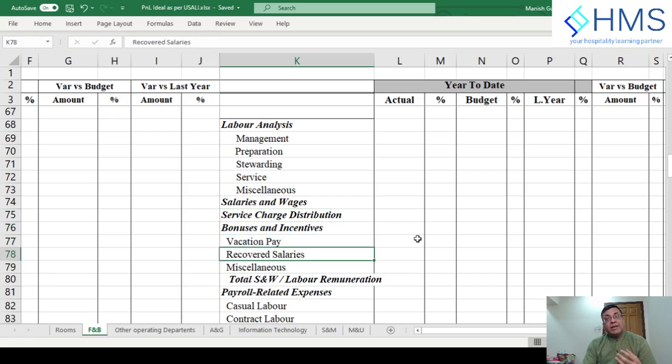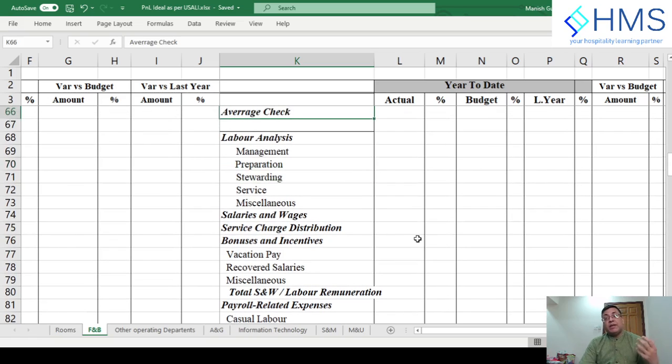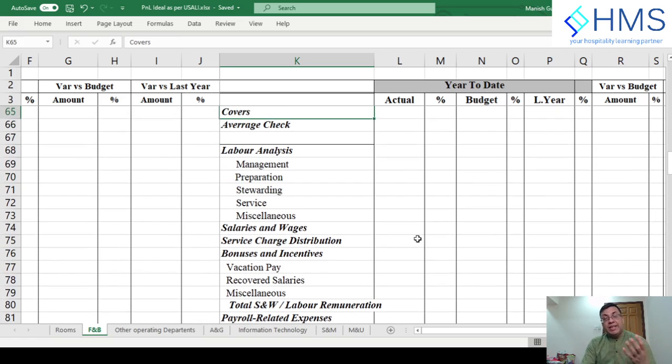So the format can be changed. The details you need to follow are not exactly the same, this is how we follow in our hotel. Every hotel can have a different format of following the labor cost, but you may want to follow it exactly as the gross profit.